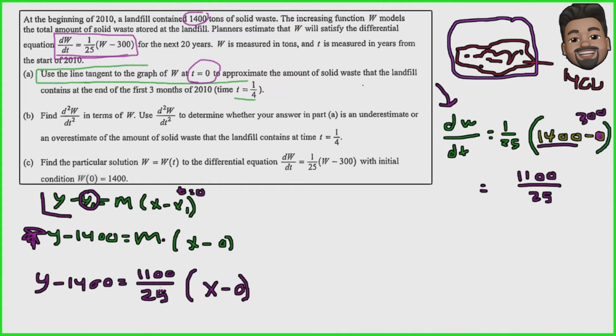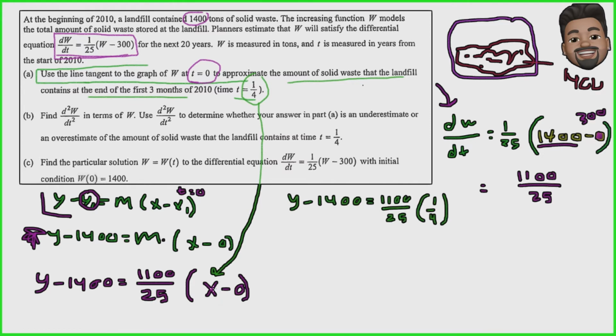Now, they're asking us to approximate the amount of solid waste that it contains at the end of the first 3 months, at t equals 1/4. So we need to take the 1/4 and plug it into this x value right here in order to approximate how much landfill is going to be there. So let's do that together right over here. I'm gonna put the 1/4 into here.